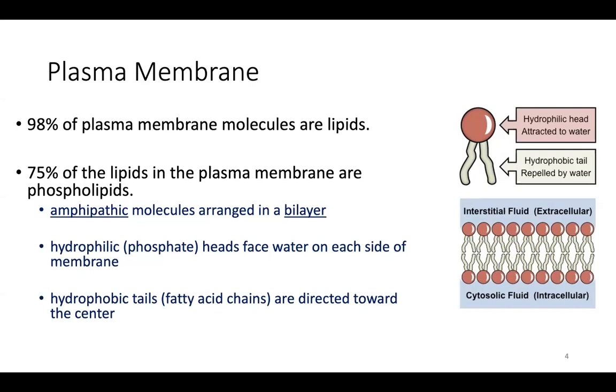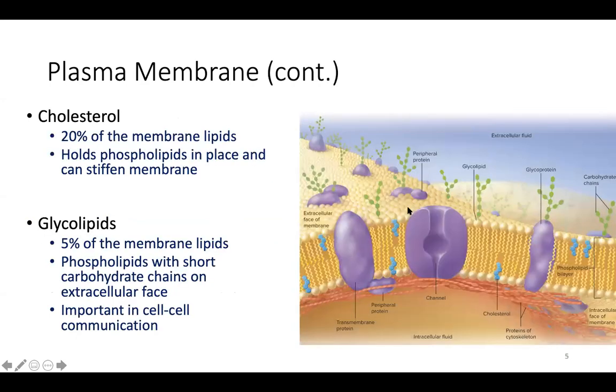Okay, so that's the phospholipids. There are two other kinds of lipids in the cell membrane. One being cholesterol. So we do need cholesterol. Cholesterol is really important in our diet, in large part because it helps solidify our cell membranes. If we don't have enough cholesterol, our cell membranes are all liquidy and fluidy, which isn't necessarily a good thing.